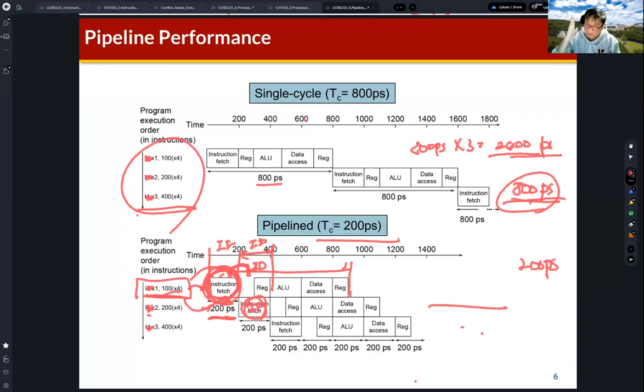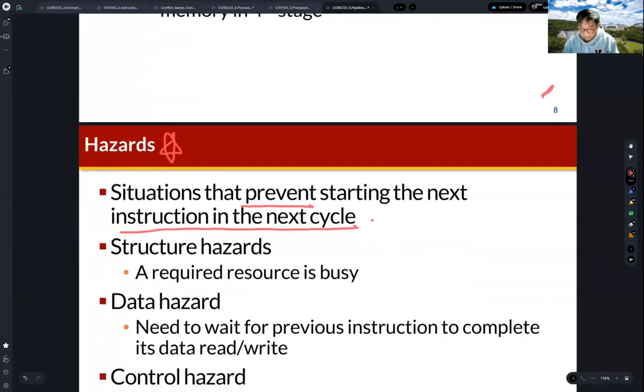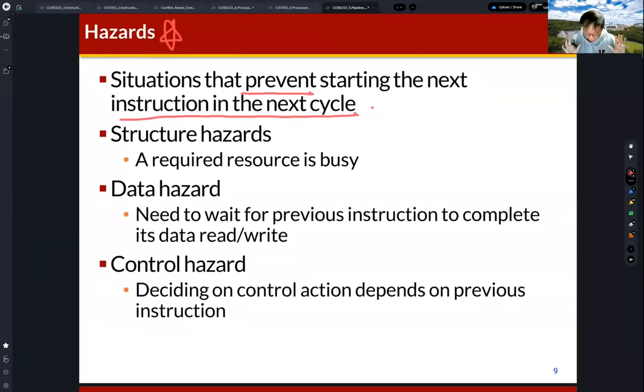Which means that at every clock, new instructions can be given to the pipeline processor. But because of some reasons or situations, a new instruction cannot be assigned to the pipeline processor. And this situation is called a hazard.